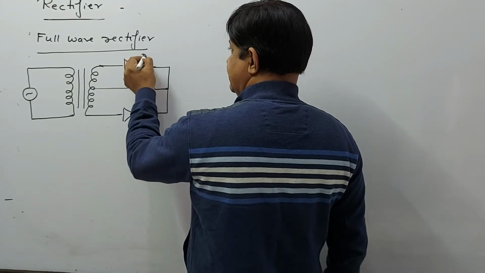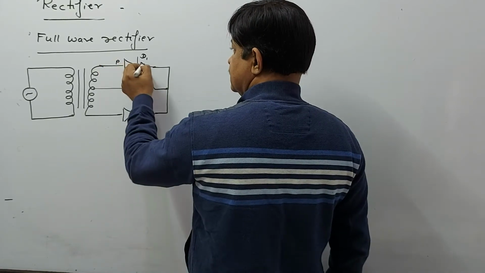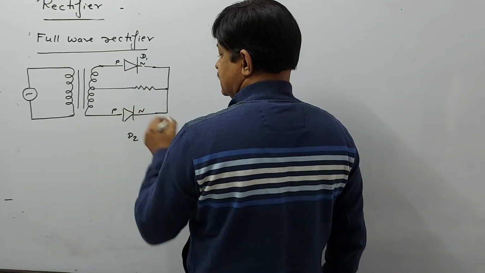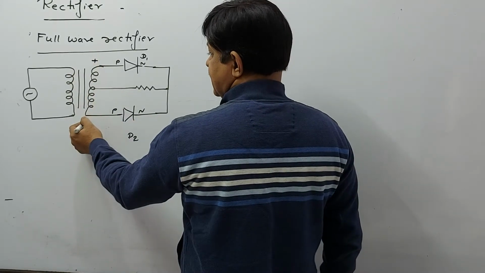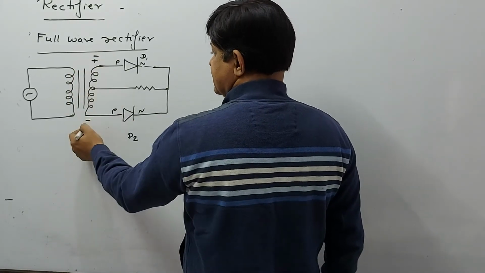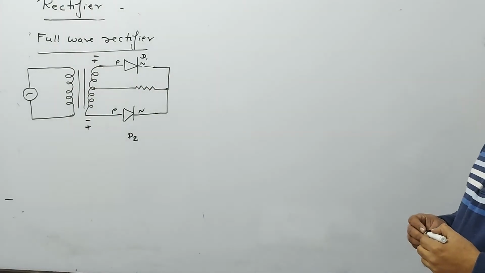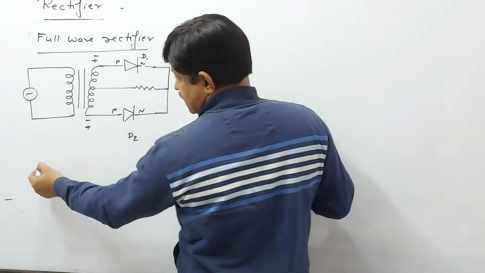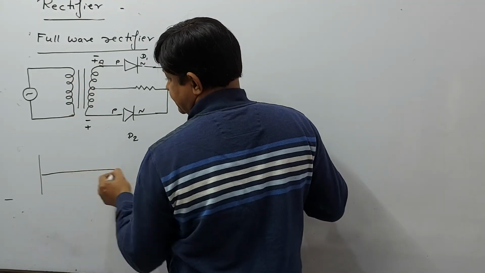This diode is D1, this diode is D2. We know that when this terminal is positive, this terminal is negative. This terminal is negative, this terminal is positive, and so on. Input applied to this point A is the same.